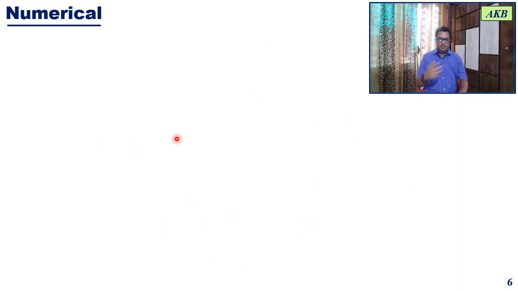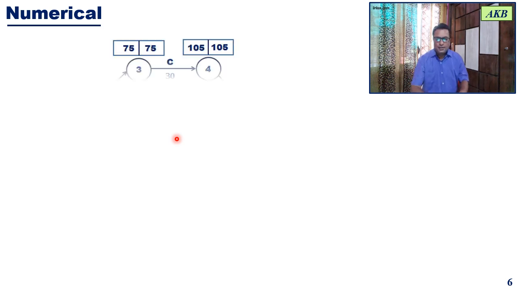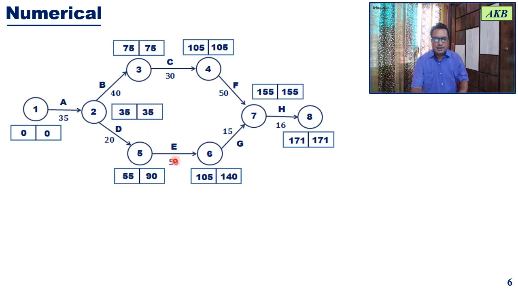Okay, now we have calculated earliest and latest event times for all the events. Now let us calculate slack values for each of the events. So for reference, I am taking the diagram from the previous slide. So you have the network diagram, and for each of the events, we have earliest and latest event times.